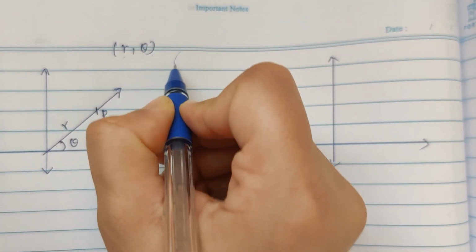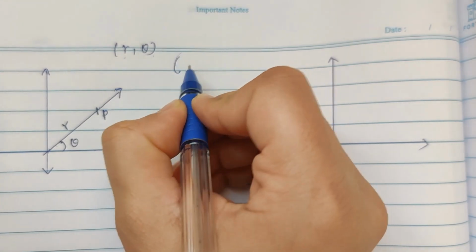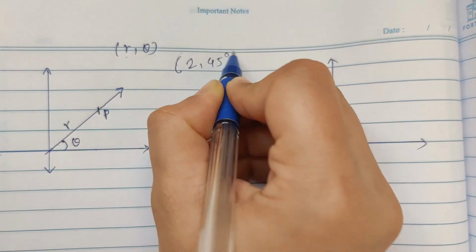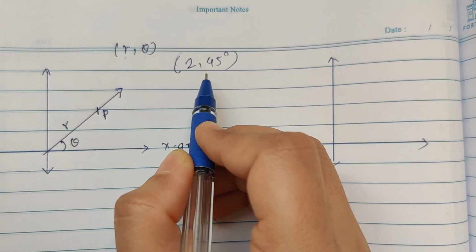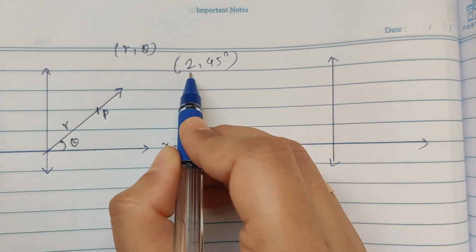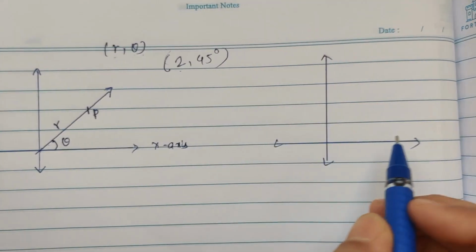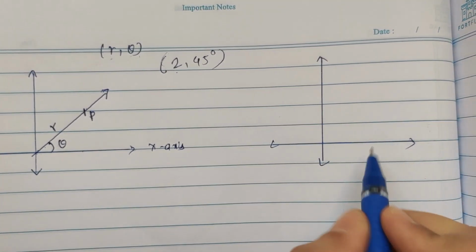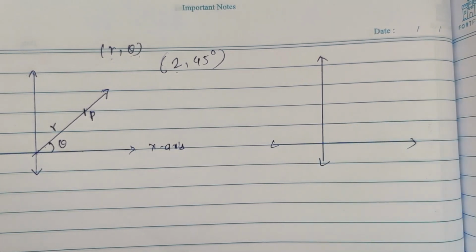Suppose I want to plot the point (2, 45 degrees). The point is given in polar coordinates, so r is equal to 2 and theta is equal to 45 degrees. So this is the x-axis, right? The first step is to rotate by 45 degrees.